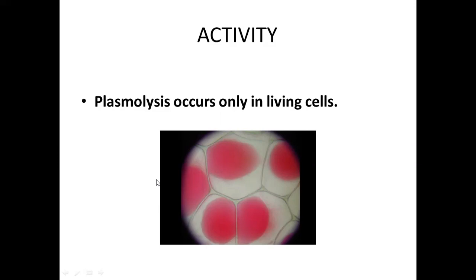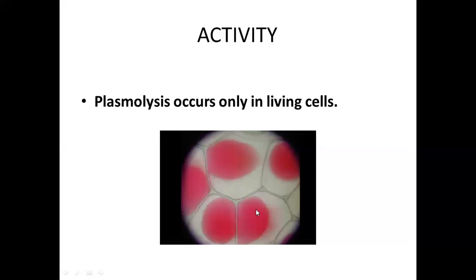The amount of water is less there when compared to the amount of water inside the cell. So what will happen? The cell will lose water by the process of exosmosis, and the water will move out. And when the water moves to the surroundings, the cell contents, that is protoplasm, will shrink and move away from the cell wall. This is the cell wall, as we have also seen in the activity.